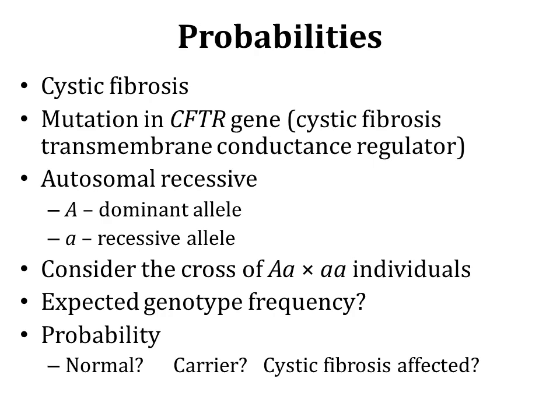So now what you have to do is calculate the expected genotype frequency for all the possible outcomes, and then you have to calculate the individual probabilities for the normal individuals. And what is their genotype going to be? It is going to be homozygous for the dominant allele. And you have to calculate the probability for carriers, and what is their genotype? Their genotype is the heterozygous genotype.